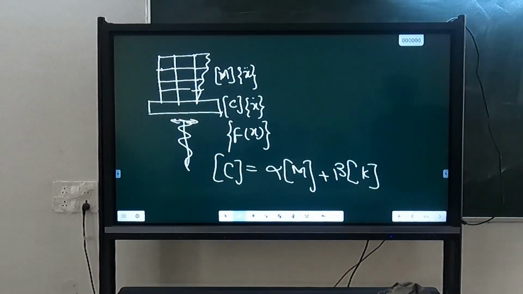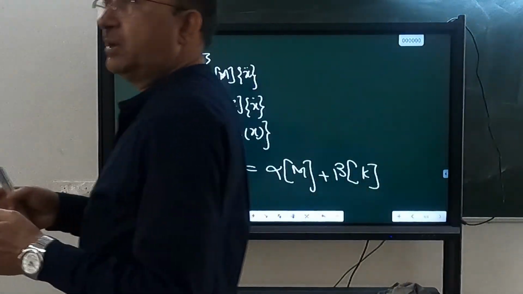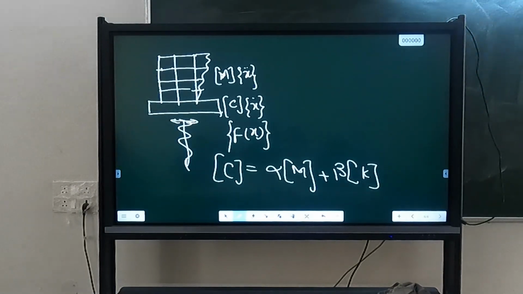Other shake tables are like the toy shake tables which we have, where you can make a small toy. I am using the word toy because when we talk about our civil engineering structures and you make a scaled model of it, the properties change drastically. The properties are very different, and that's why it is very difficult to extrapolate the response obtained from the model to the real structure.